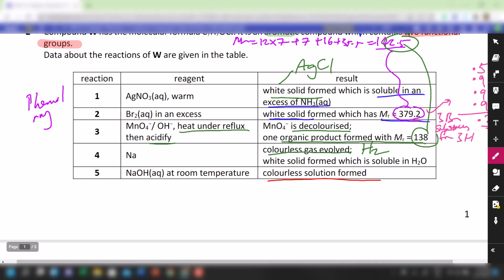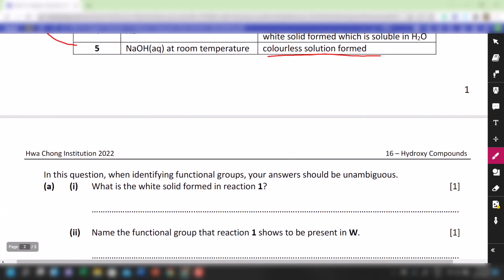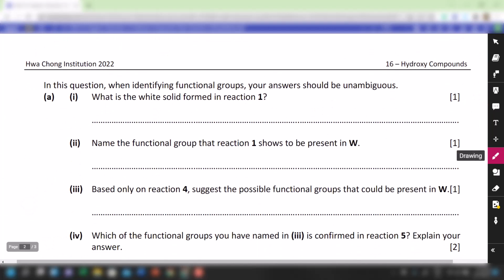Reaction 5 basically tells us that a phenol functional group might be present, because phenol is the only kind of alcohol we learned which can dissolve in sodium hydroxide. The other alcohols are not acidic enough to react with sodium hydroxide. With all the clues, we can easily answer the questions which follow.